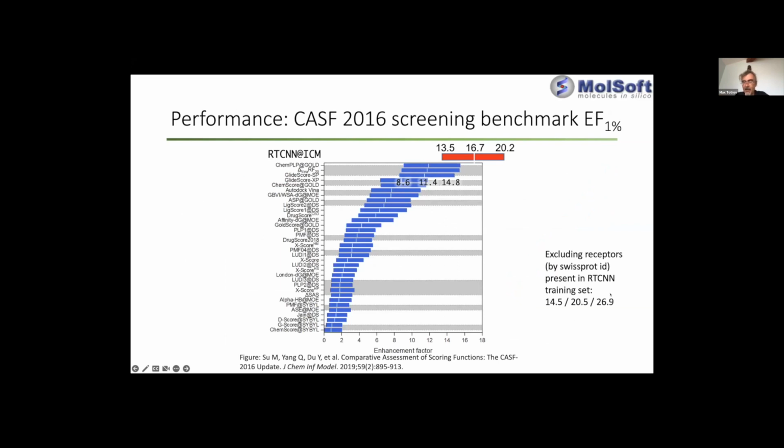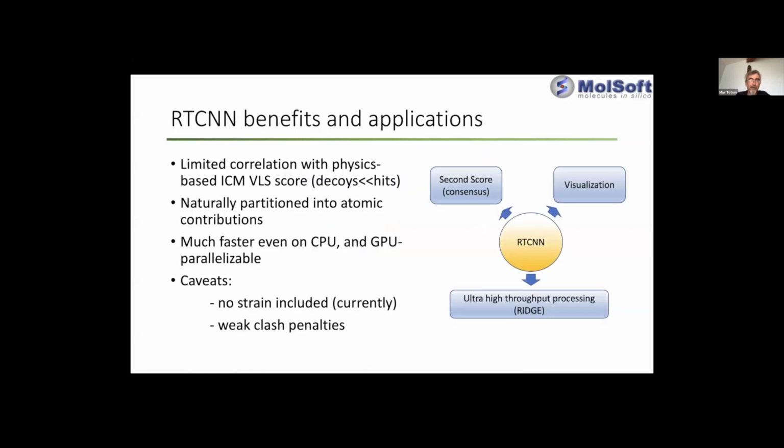I have to note here that we did check whether this is overtraining by excluding receptors that have the same PDB ID from the benchmark that corresponded to something in our training set, and there is no drop in enrichments. This actually is a little bit higher, but I'm pretty sure it's just some noise, but definitely no loss in accuracy.